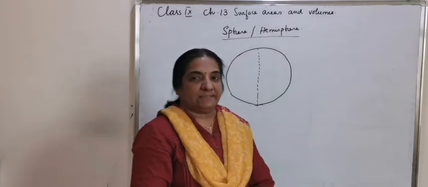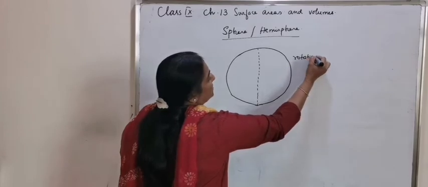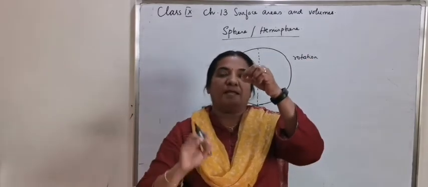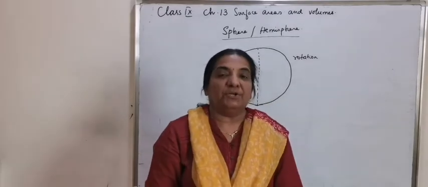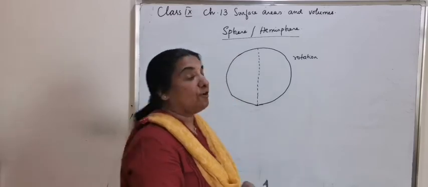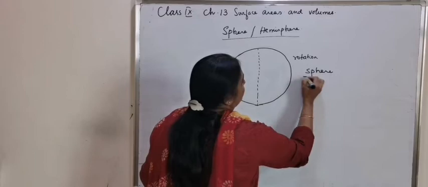Along the diameter, if you give a rotation, that means by tying a string, to this circular cardboard piece, the solid formed will take the shape of a sphere.